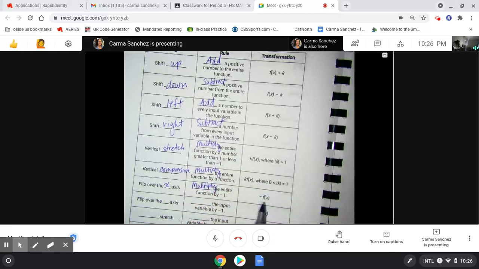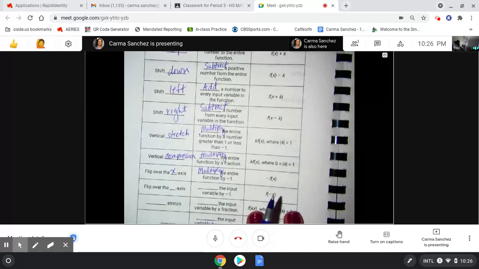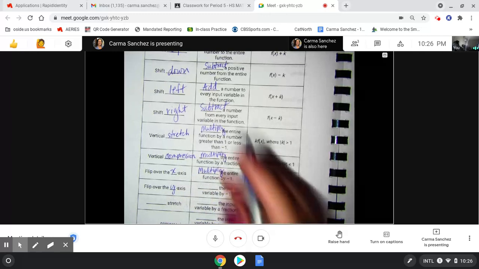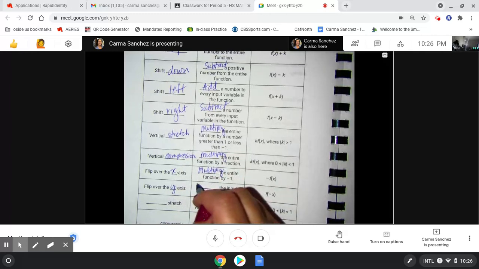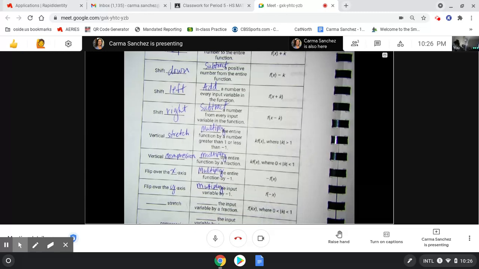negative f of x. Flipping over the y-axis is when you multiply the entire input or variable by -1.